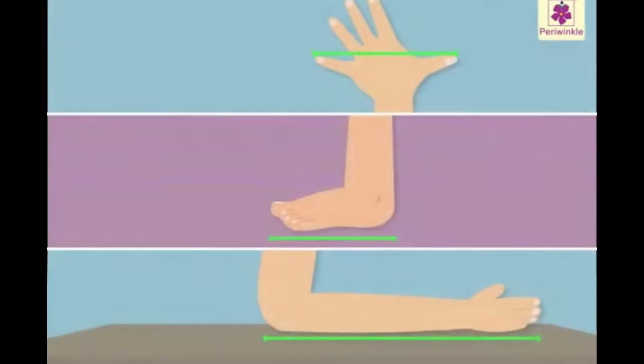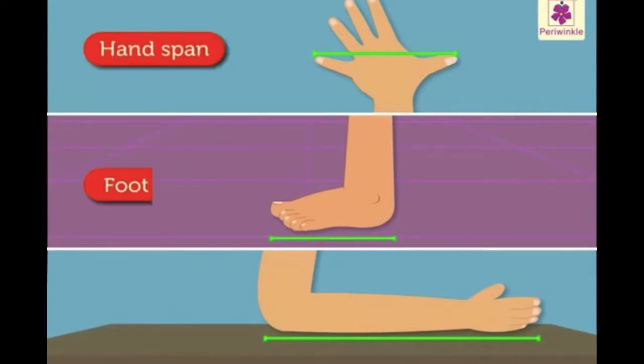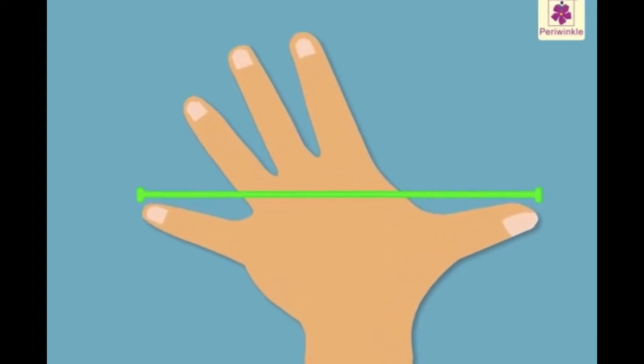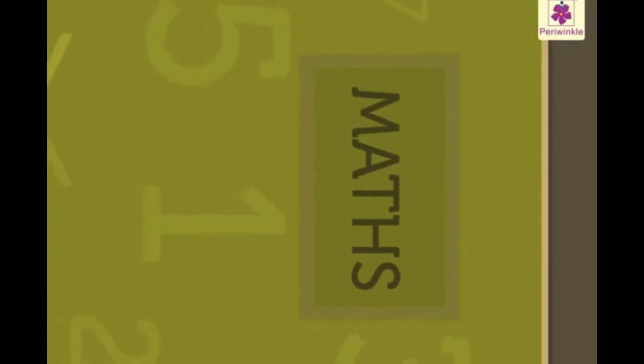Measuring length. We can use the hand span, the foot span, or the cubit to measure smaller lengths. What do you mean by hand span? Hand span is the distance from the tip of the thumb to the tip of the little finger on an outstretched hand.